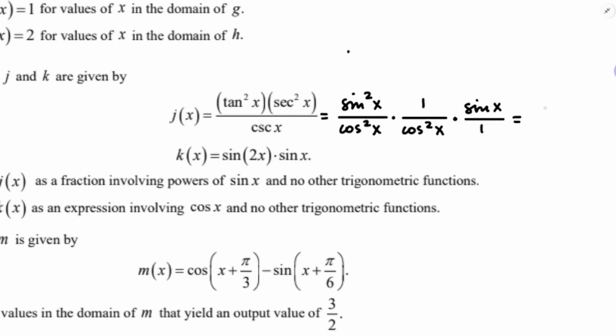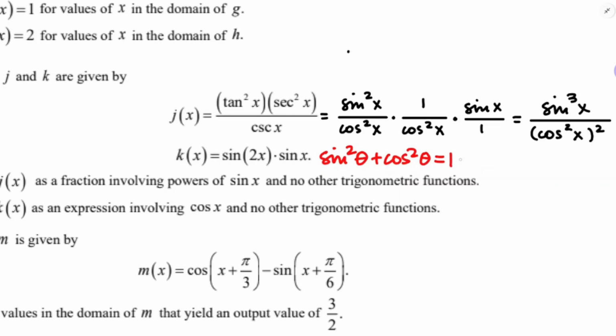That's going to be 3 powers of sine x divided by cosine squared x twice. I'm going to write it like that because if I want powers of sine x, I know that cosine squared x is related to sine squared x through the identity sine squared theta plus cosine squared theta equals 1 for every theta. So that means that cosine squared x is going to equal 1 minus sine squared x.